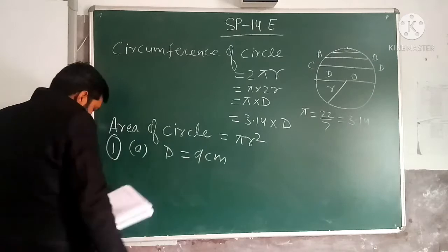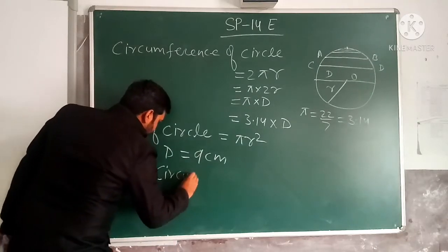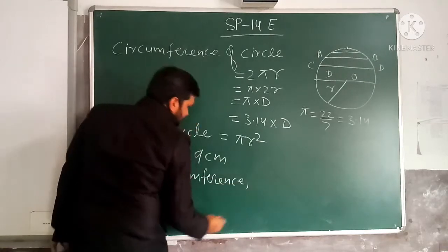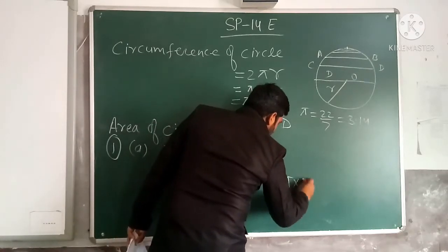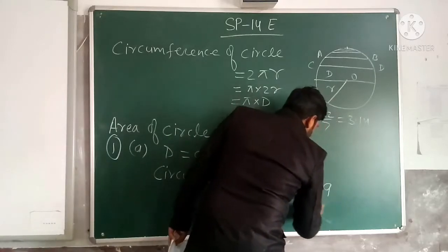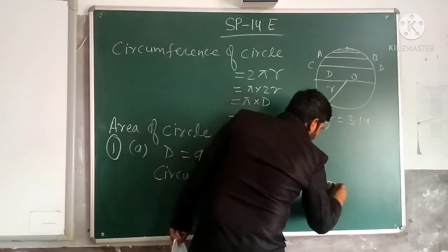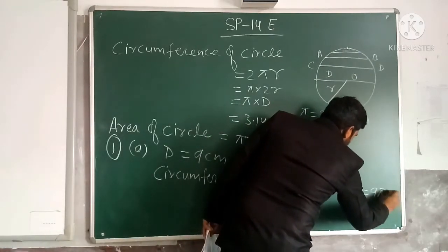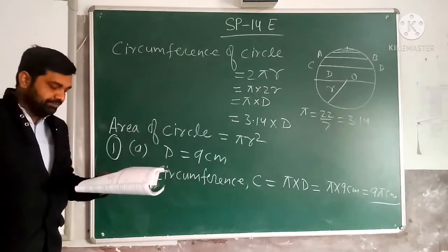So the circumference C equals pi into D, that is pi into 9 centimeter, that means 9 pi centimeter. That is the answer.